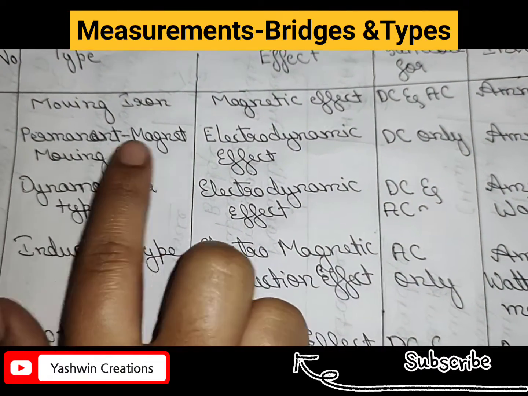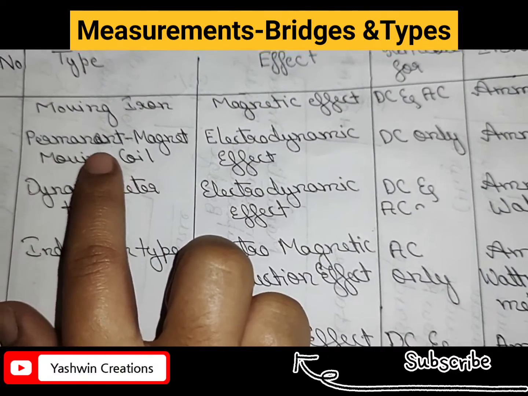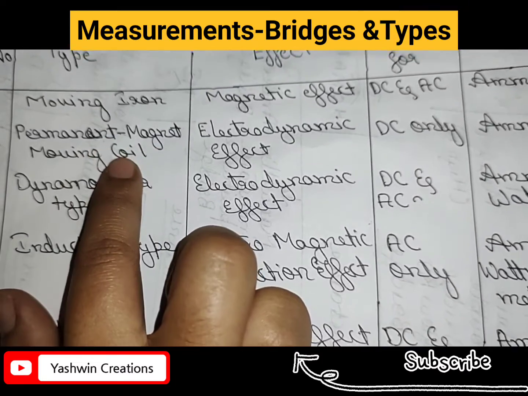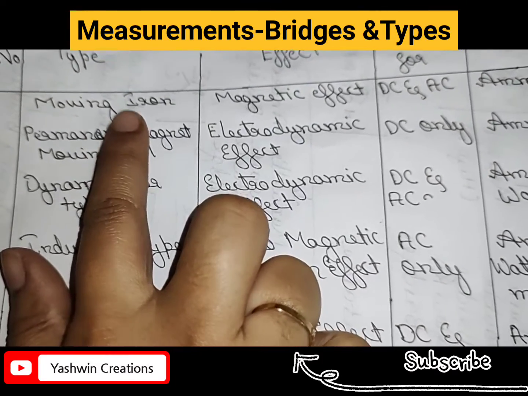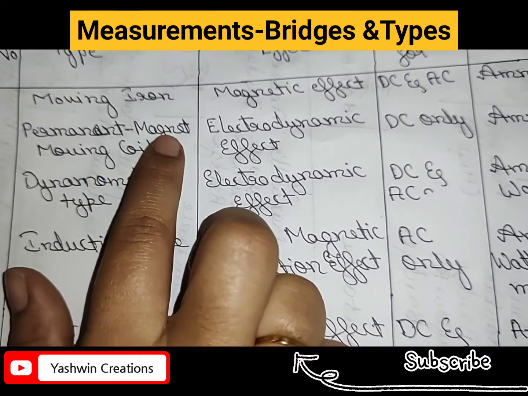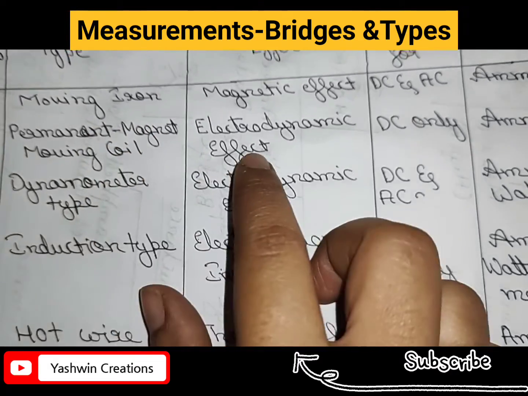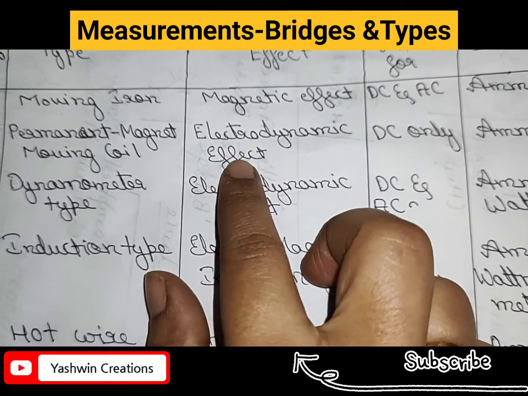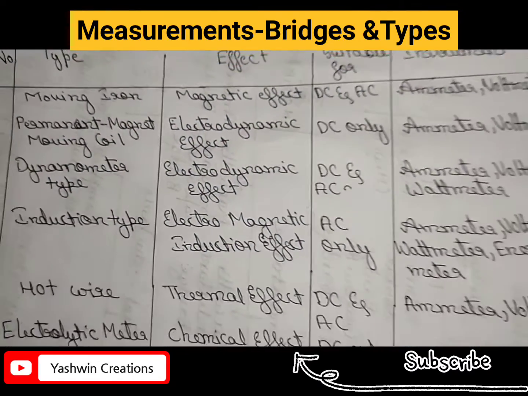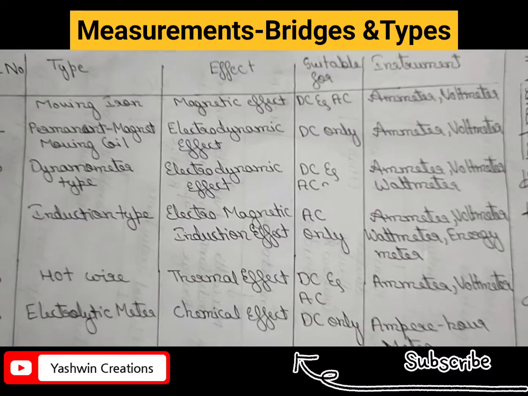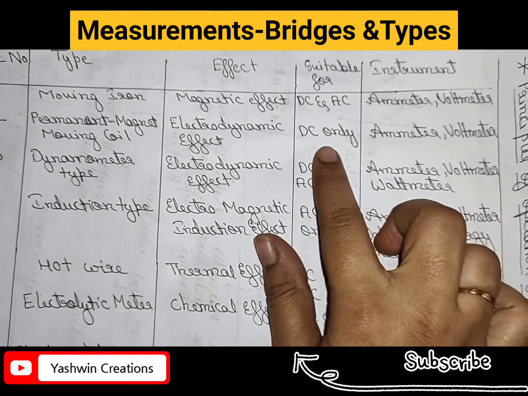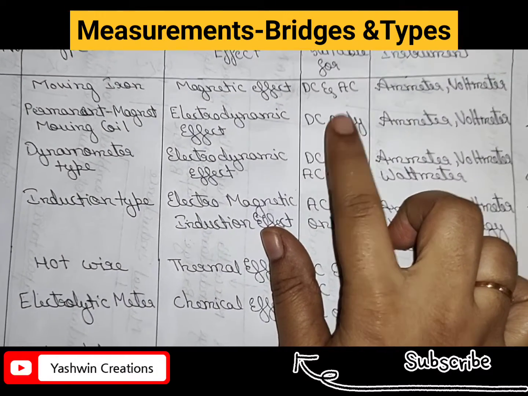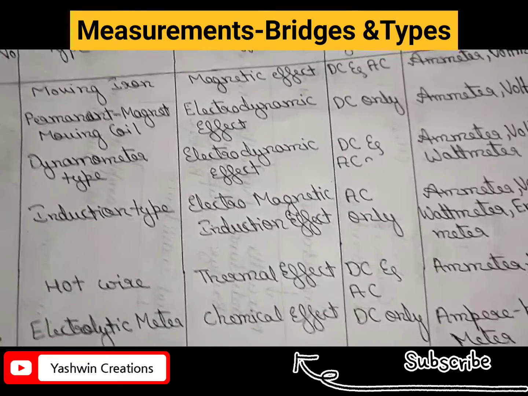Next, permanent magnet moving coil. This is only moving iron, and this is permanent magnet moving coil, and here the effect is electrodynamic effect, and it is used for DC only.